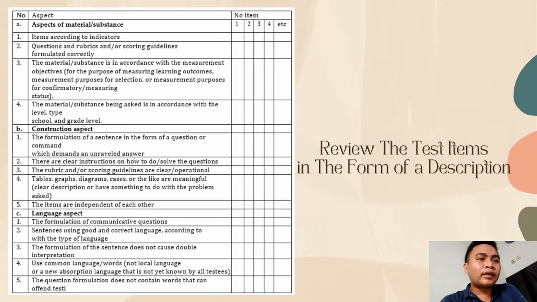And then the formulation of the sentence does not cause double interpretation. Use common language words, not local language or a new absorption language that is not yet known by all test takers. And the last, the question formulation does not contain words that can offend test takers.